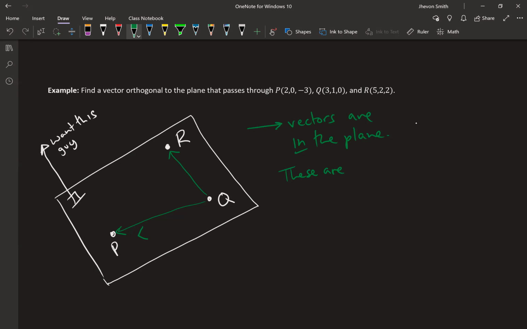Subtract from Q to P: 3 minus 2 is 1, 1 minus 0 is 1, and 0 subtract -3 is +3. And same thing for QP. If I'm finding QP, how do I find that? 2 subtract 3 is -1. Final minus initial.